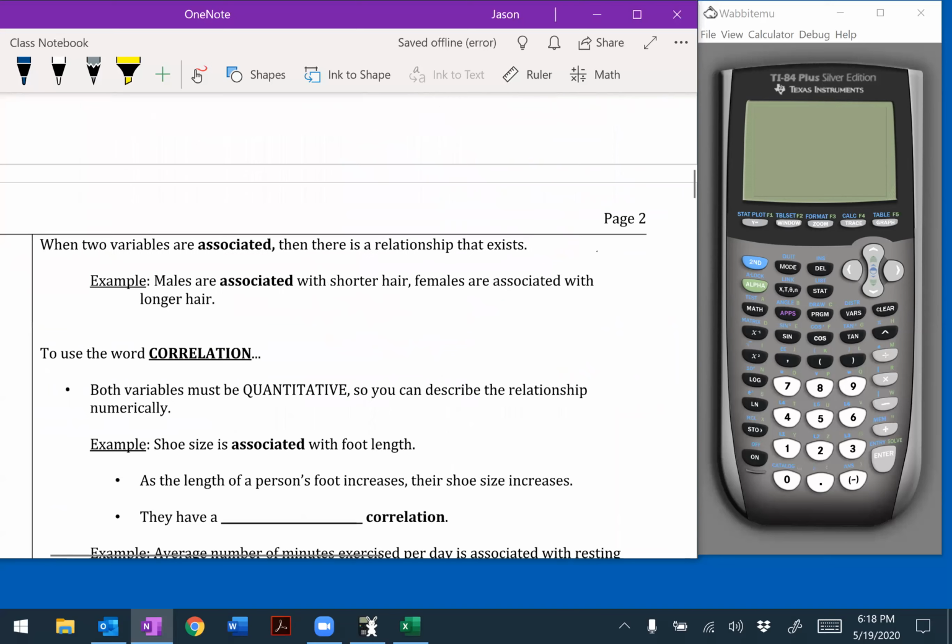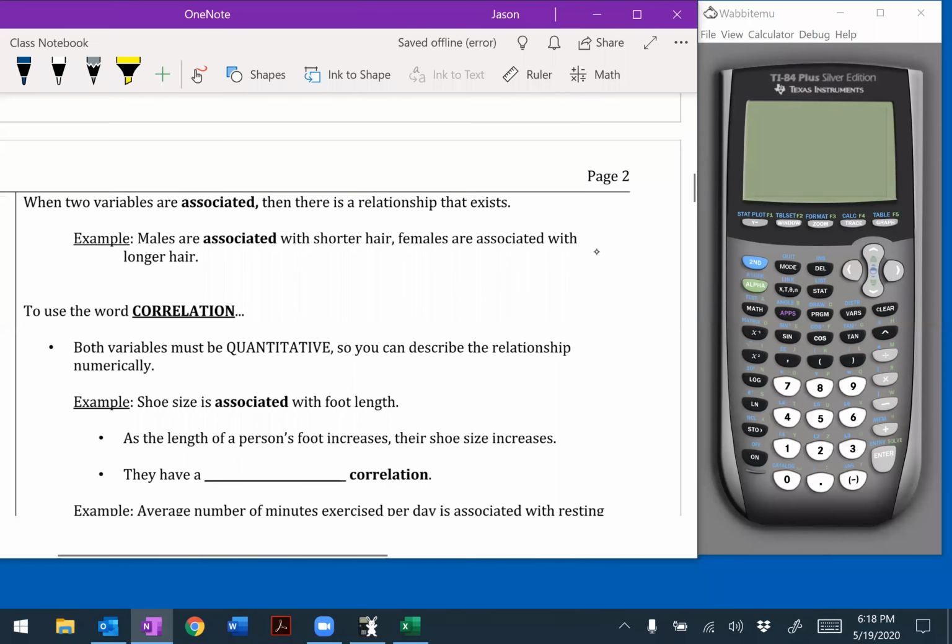When two variables are associated, again, think X is associated to Y, then a relationship exists. Males are associated with shorter hair. Females are associated with longer hair. Doesn't mean necessarily that that's the case. That just is a trend.